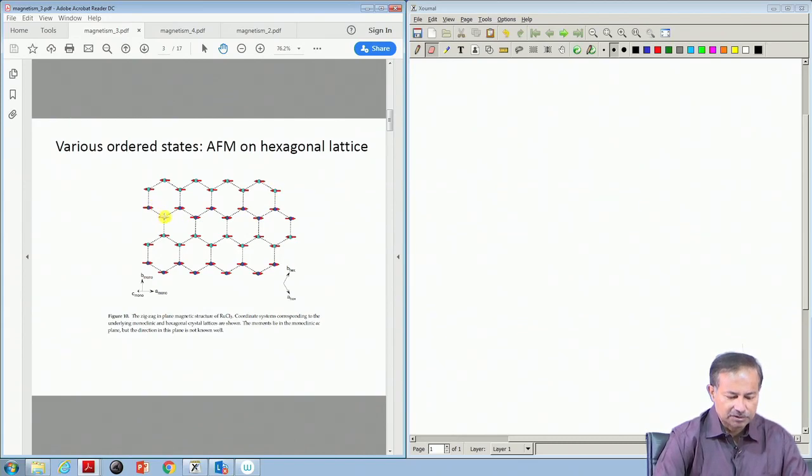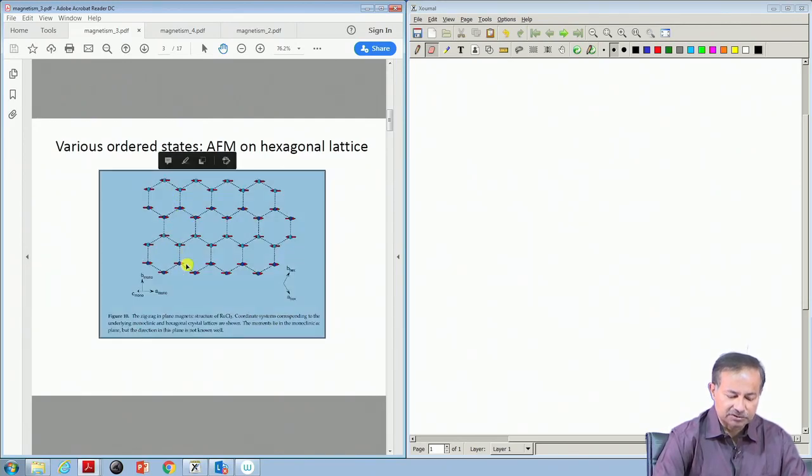The next row is where the spins are in the opposite direction, but they are all aligned. So, the net moment, if you sum these moments, you will still get 0, because this row will cancel with this row, this next row will cancel with the next row, and so on and so forth. So, this is a different kind of antiferromagnetic order.